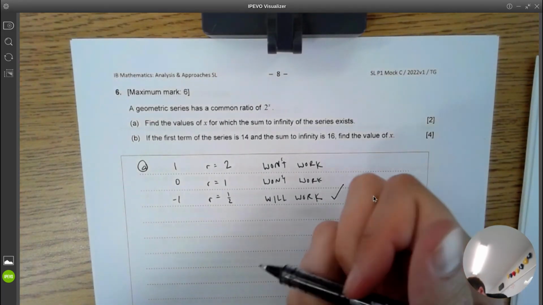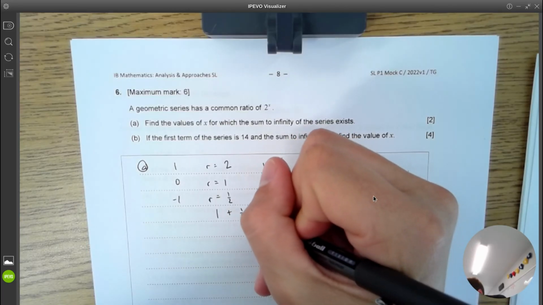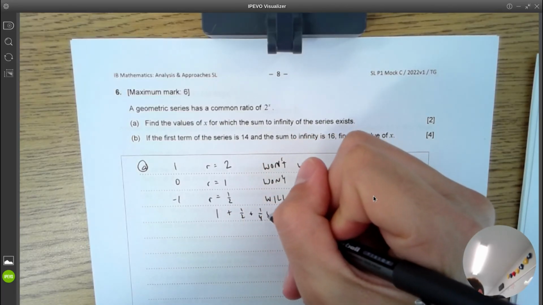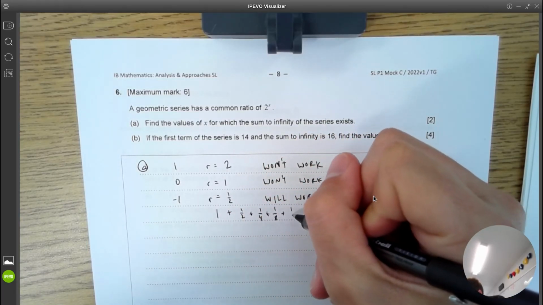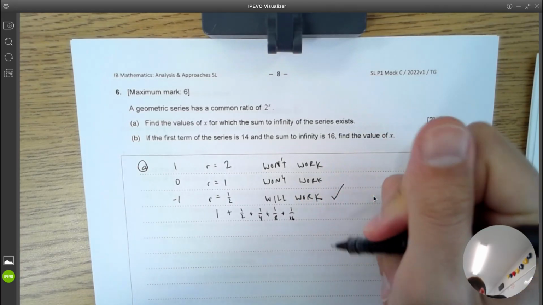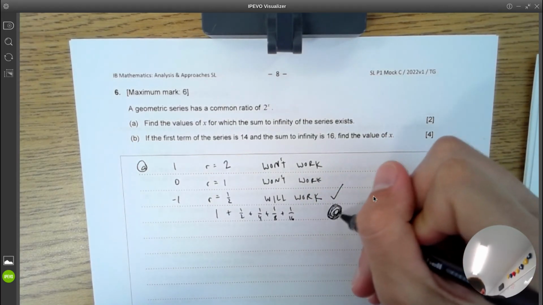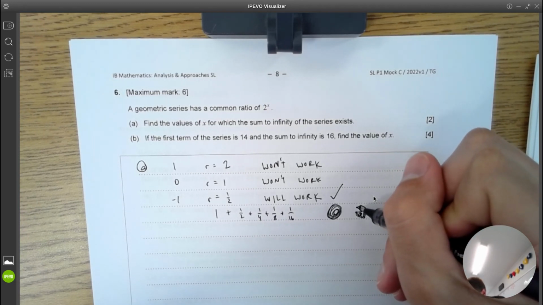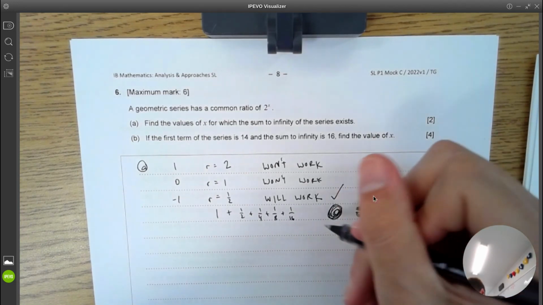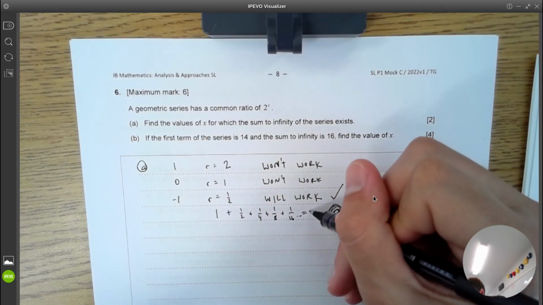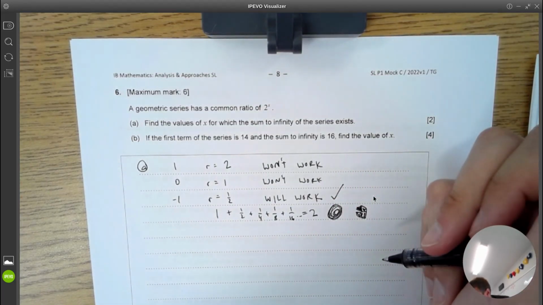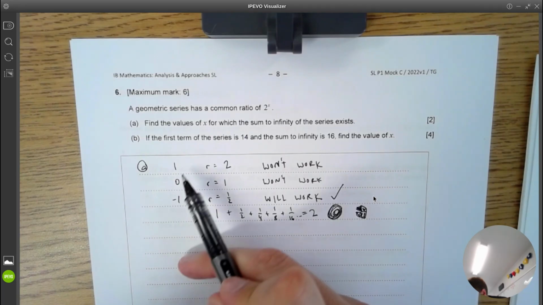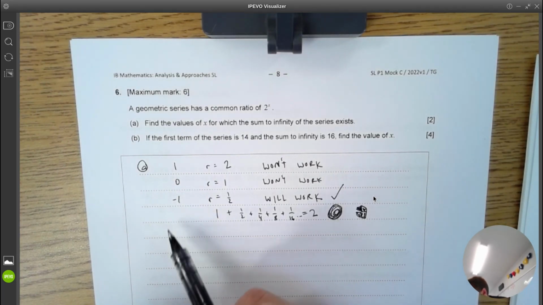This is a super famous one where you could have 1 plus 1/2 plus 1/4 plus 1/8 plus 1/16, and here's my 1, and then here's my 1/2, and then here's my 1/4, and then here's my 1/8, and then here's my 1/16. And when you sum up this infinite series, you get 2.